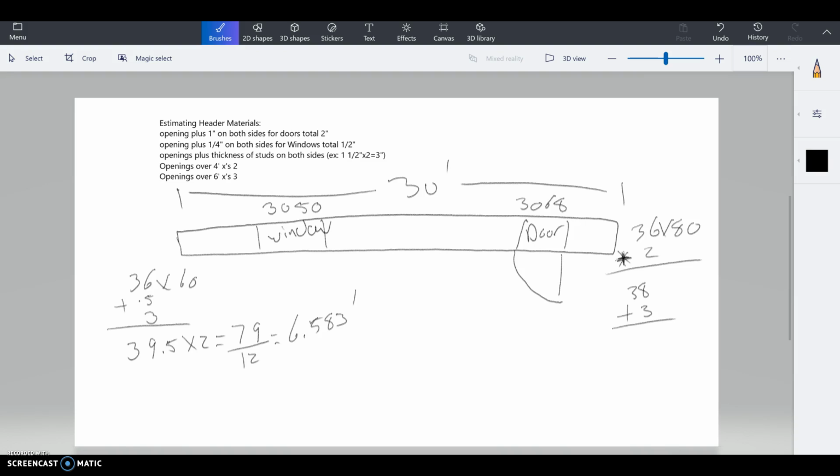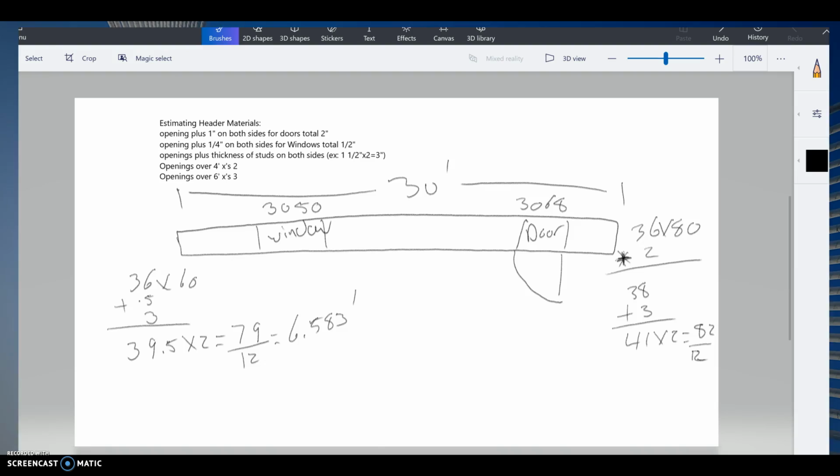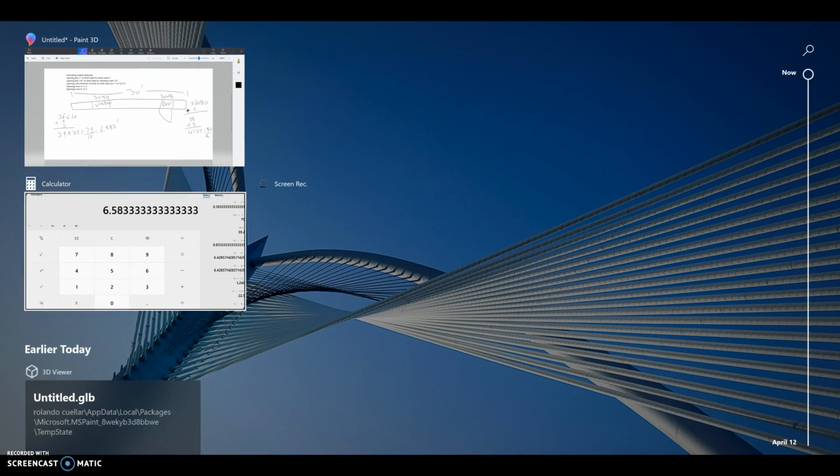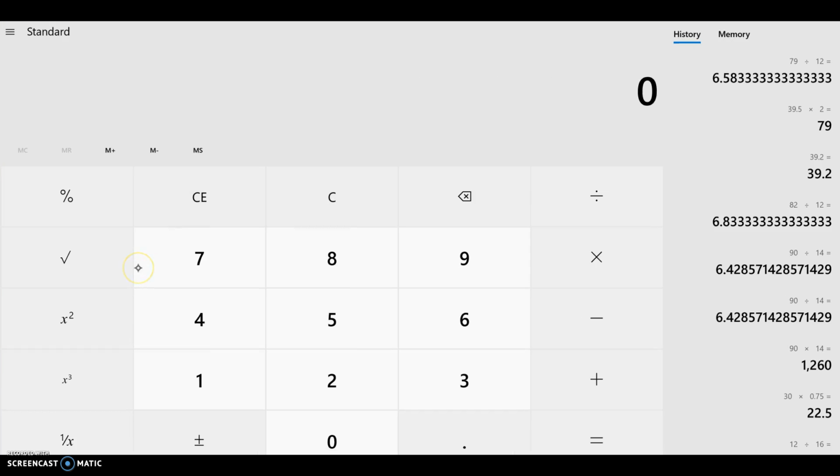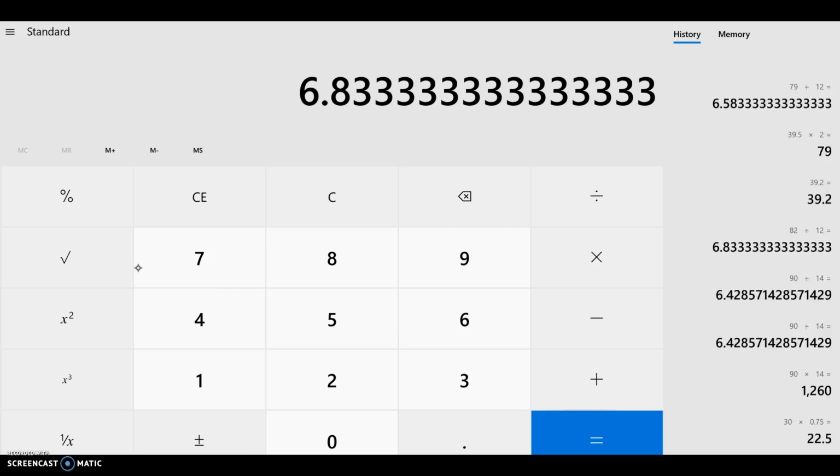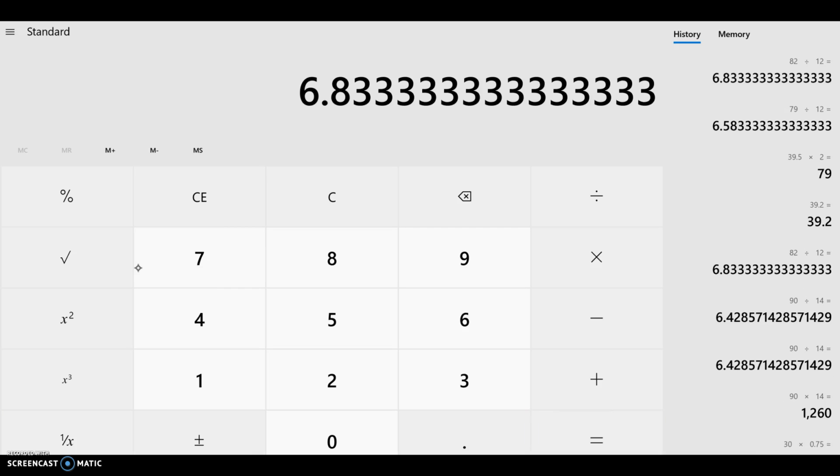So it's 38, 39, 40, 41 in total inches. So now times 2 equals your 82 inches, divided by 12, 6.83 feet.